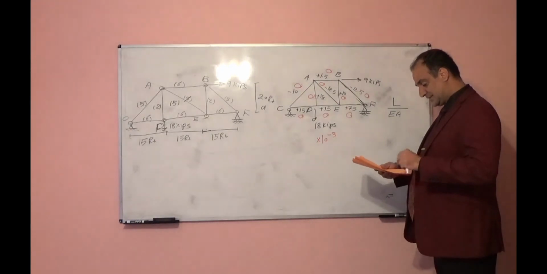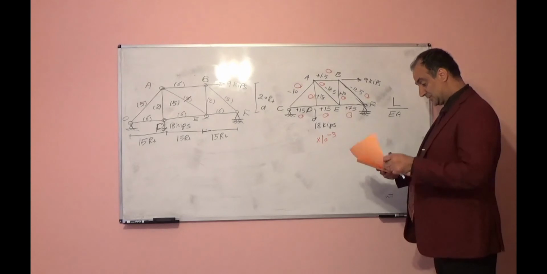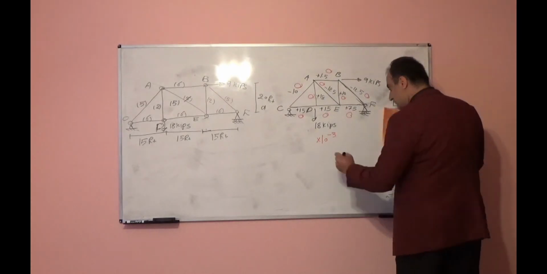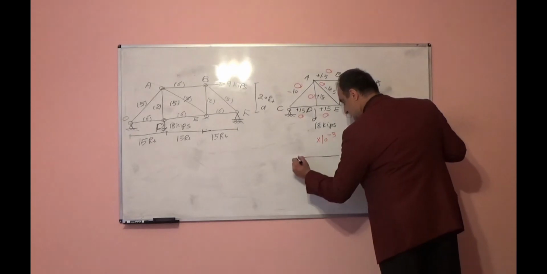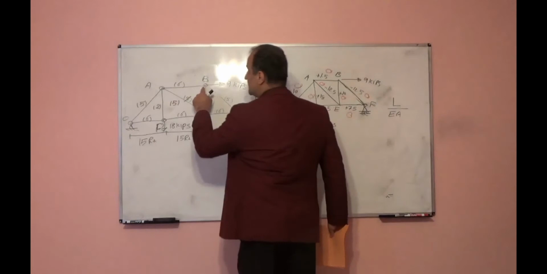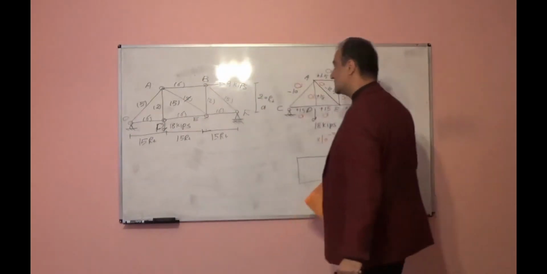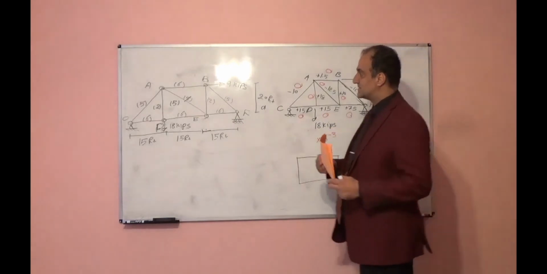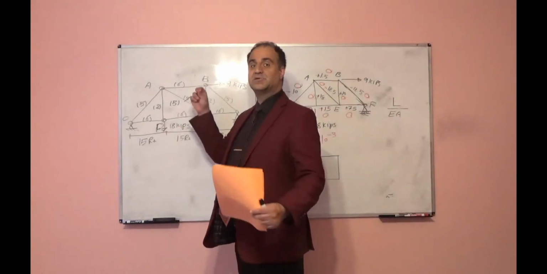Then after finding this elongation, you will find relative displacement of point B with respect to D, to see under real load how much this distance from B to D will increase.